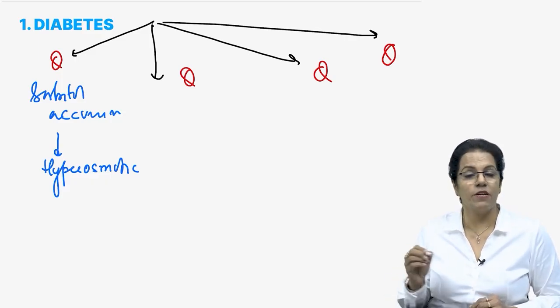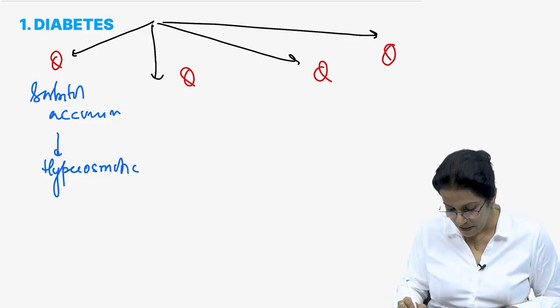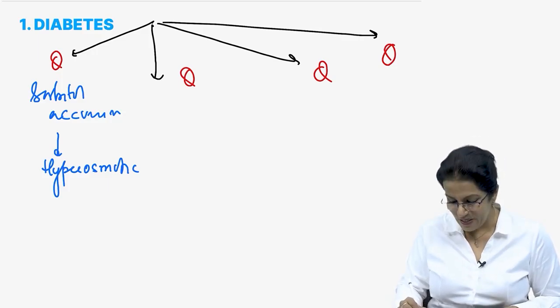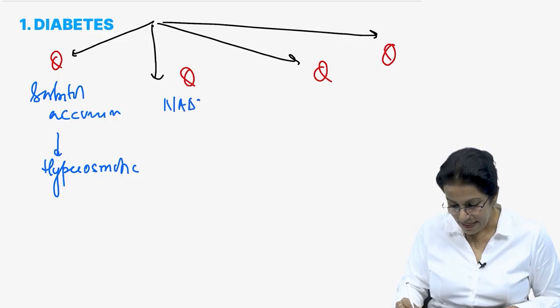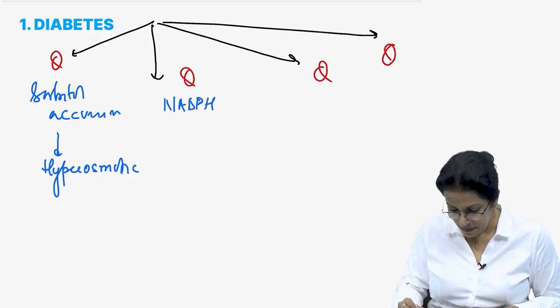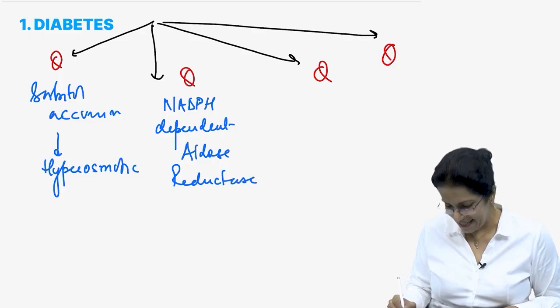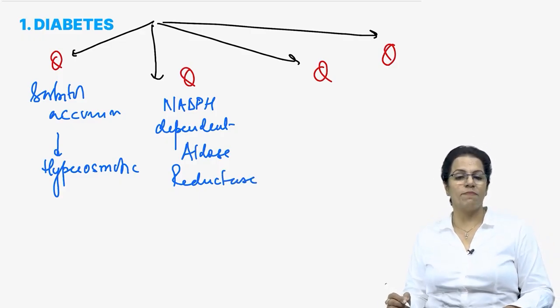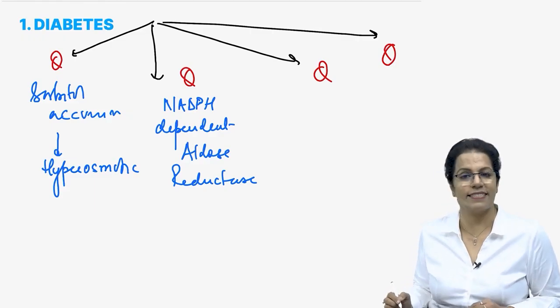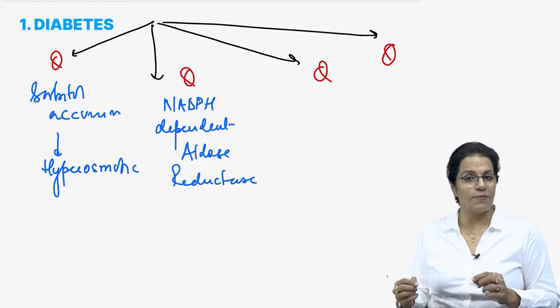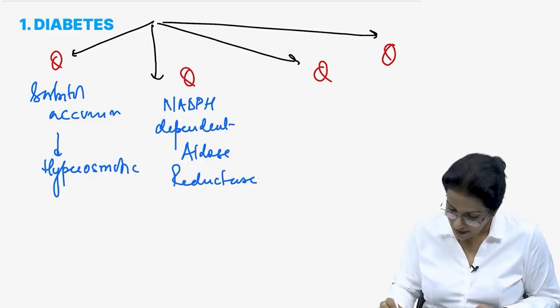Second question, which enzyme is responsible for this sorbitol pathway? It is NADPH dependent aldose reductase. Come to the third important question. What type of cataract?